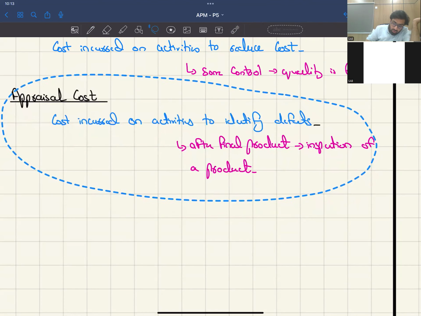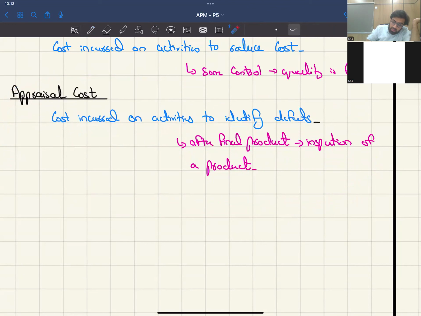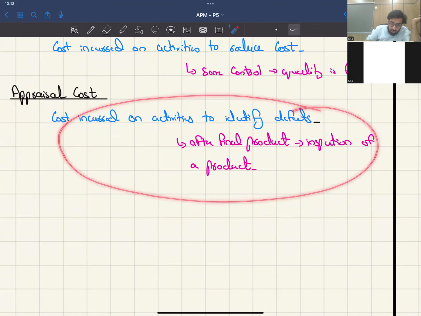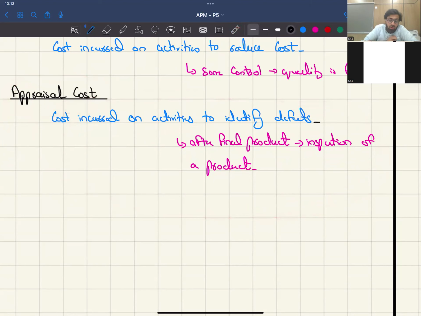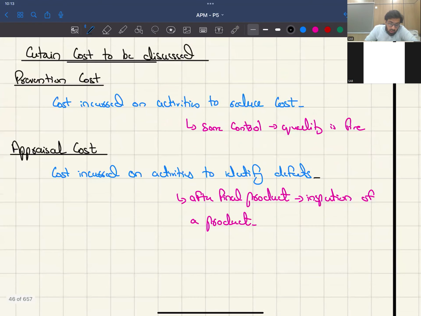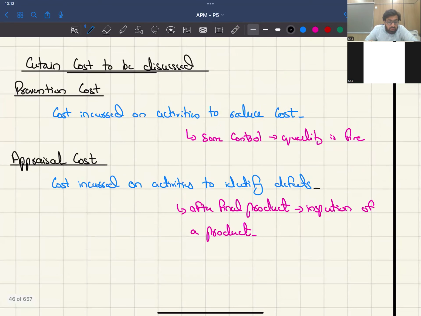It's your goodwill. So the cost incurred here is appraisal cost. You make sure these costs are incurred before delivering the final product so that your goodwill remains.